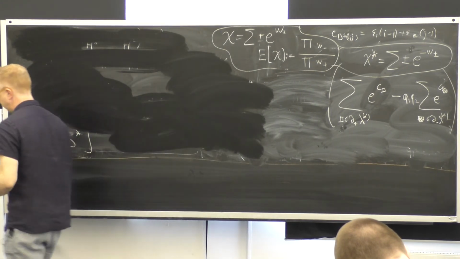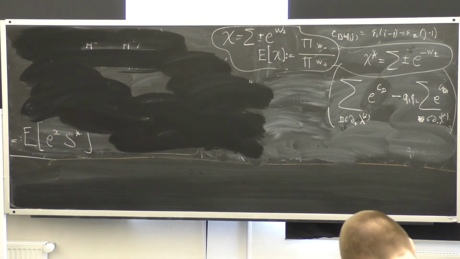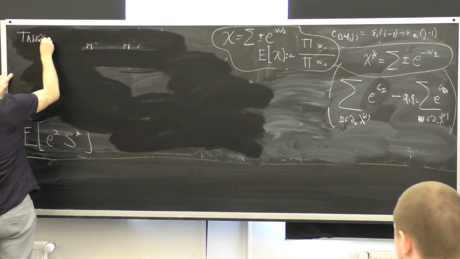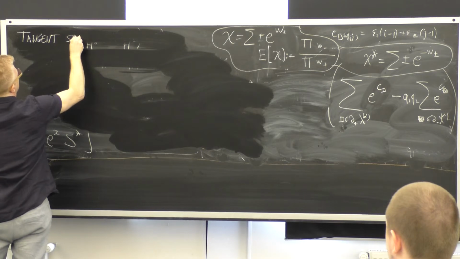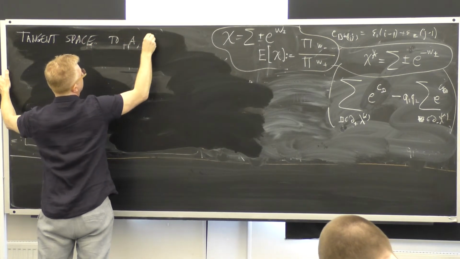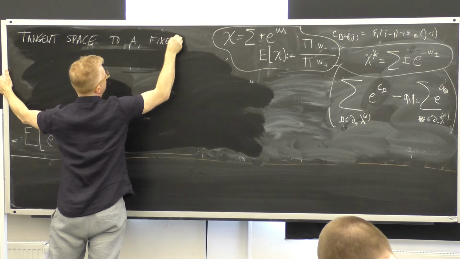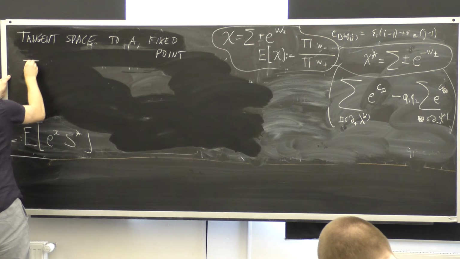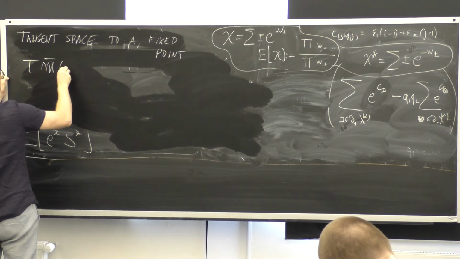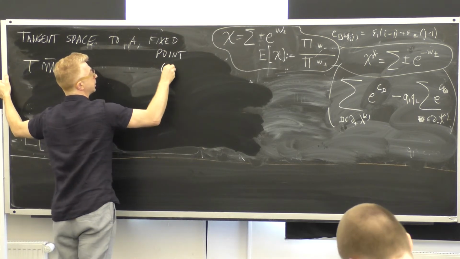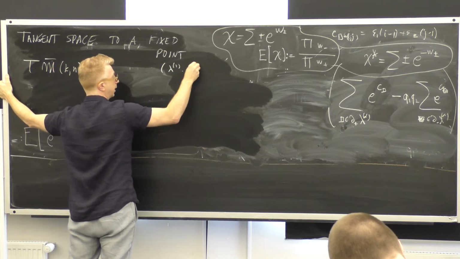We need to figure out the tangent space to the space M(k,n) at the fixed point, which corresponds to the collection of Young diagrams.